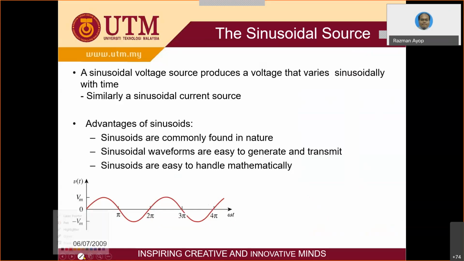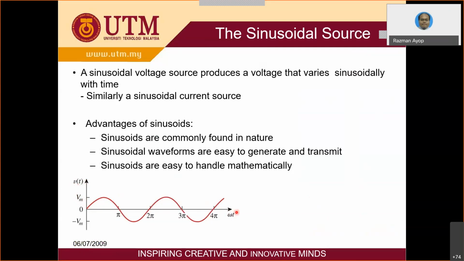Usually sine. Make sure you know how to draw this and the unit. This is Vm, the maximum voltage or maximum current. This is Vt. Make sure you know which one is the capital letter and which one is the small letter.